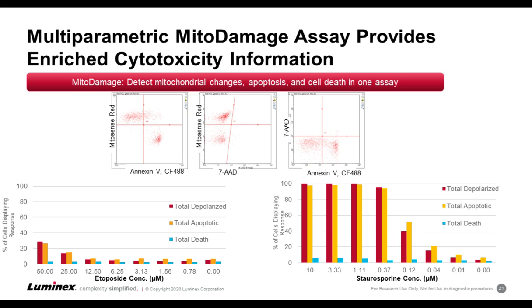So these kinds of assays can give highly enriched information to the user in a single experiment in distinguishing impacts. And they may help speed up compound identification or drug repurposing strategies and provide a deeper understanding of the type of impacts in these drug studies.